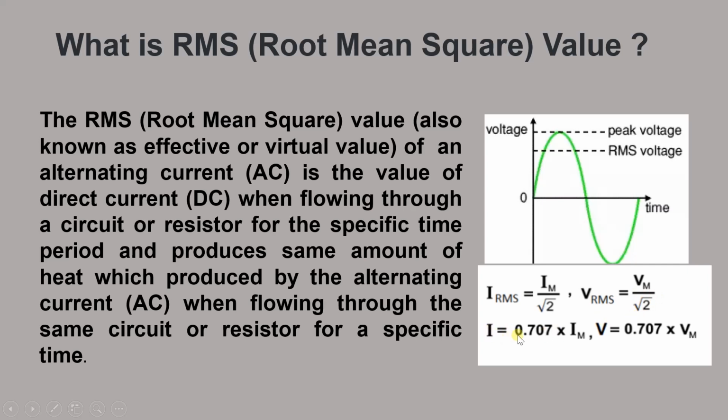That is, IRMS is equal to 0.707 into Im, and VRMS is equal to 0.707 into Vm. Vm is the maximum value of the voltage in this waveform. So capital I or IRMS is the indication of the RMS current, and capital V or VRMS is the indication of RMS voltage.